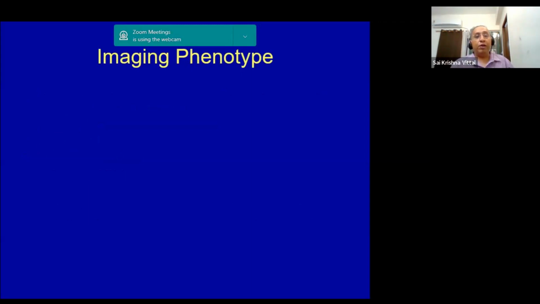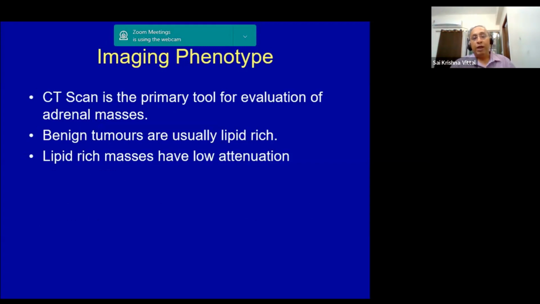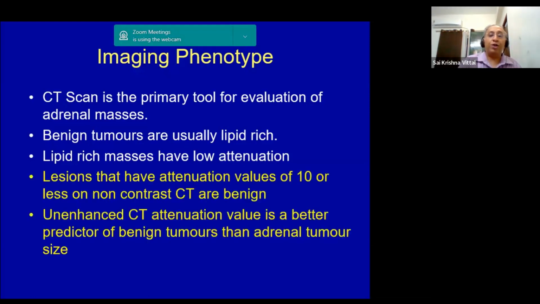Next, coming to the imaging phenotype. I said size, and two, imaging phenotype. CT scan is the primary tool for evaluation of adrenal masses. Remember that benign tumors of the adrenal, in other words adrenal adenomas, are usually lipid-rich, and lipid-rich masses have low attenuation on CT.